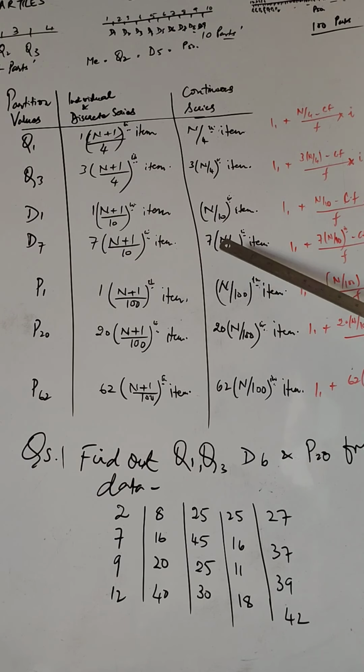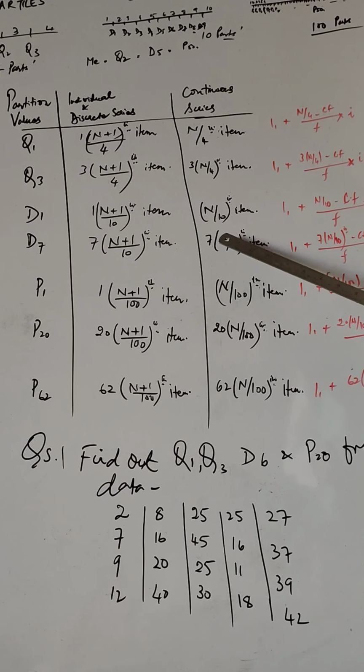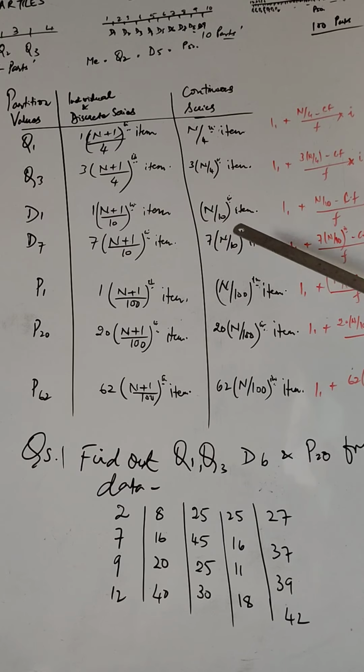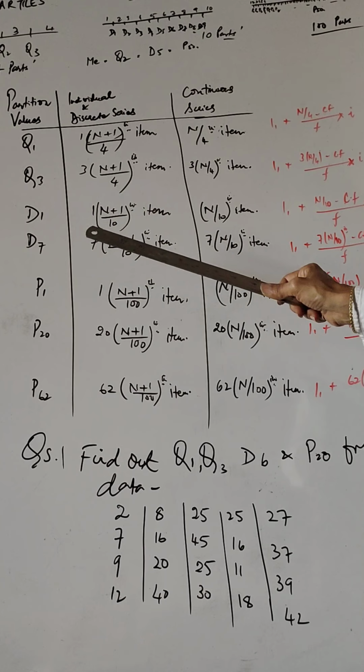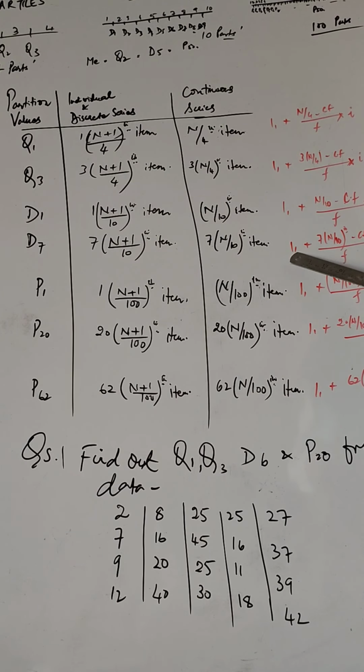In the same manner, for D7, the size of 7 into n by 10th item will tell you in which class interval D7 lies. Then take the lower limit of that class interval, L1, plus 7n by 10, whatever you got, minus the previous cumulative frequency, divided by the frequency of the D7 class, into I.